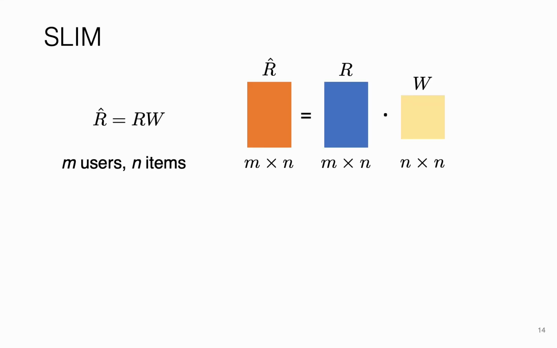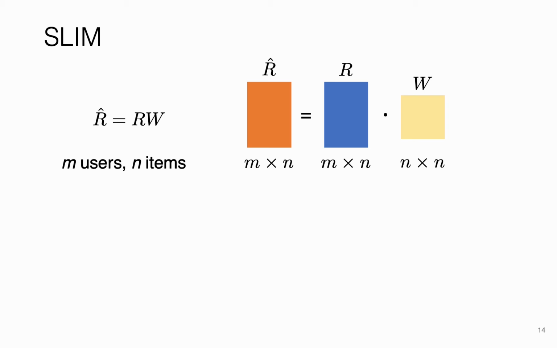Let's put the matrix prediction formula into pictures. The predicted ratings R hat depend on the weight matrix W that has shape n by n, the number of items. You may think of W as containing item-to-item similarities. As we said before, these similarities will be learned instead of computed by a predefined formula.